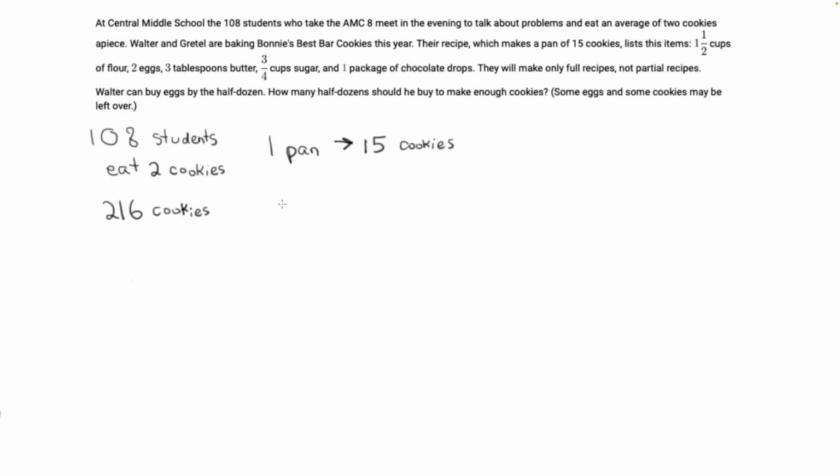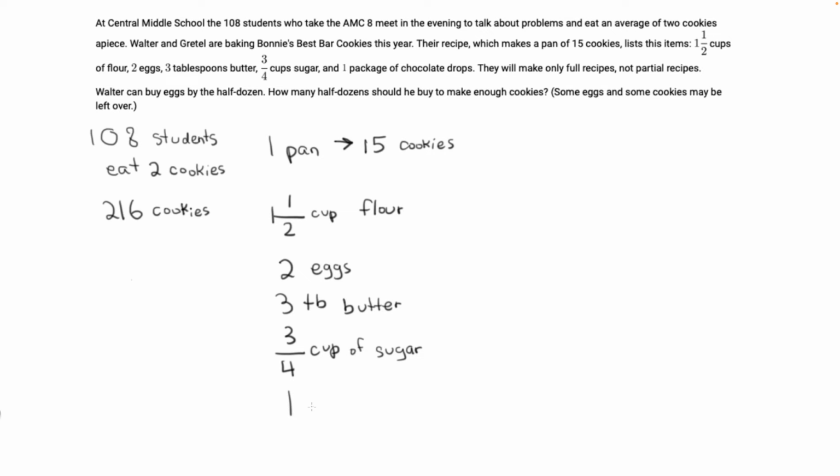And then the items were 1.5 cups of flour and 2 eggs and 3 tablespoons of butter and 3/4 cup of sugar and then 1 package of chocolate.